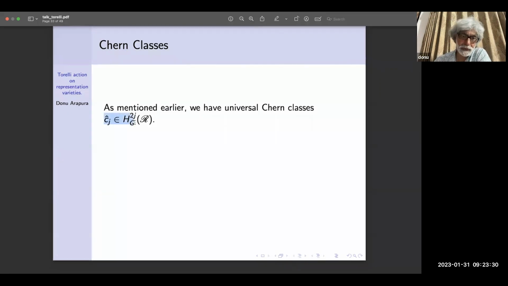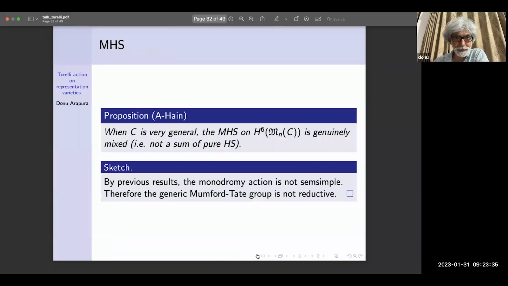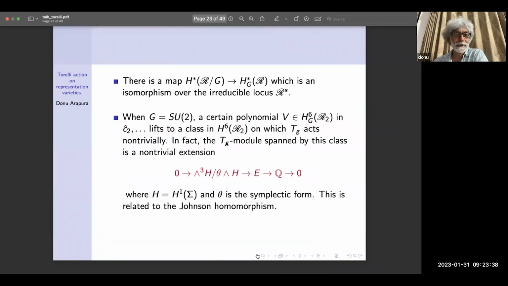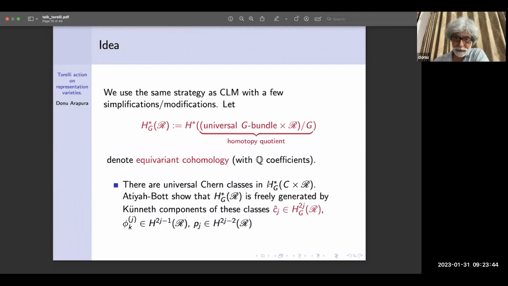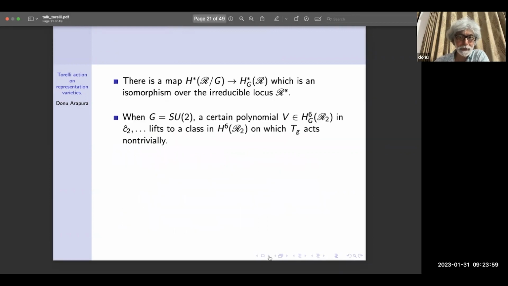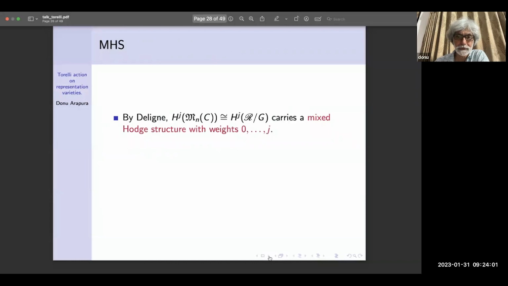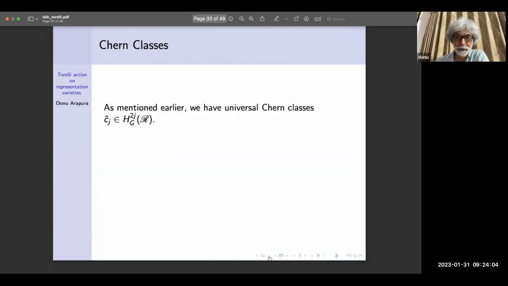I said that there are these universal Chern classes. There are universal Chern classes in this product, and you use the Künneth decomposition and take one of the factors, and it's this one here. These are the ones that showed up earlier in the talk.